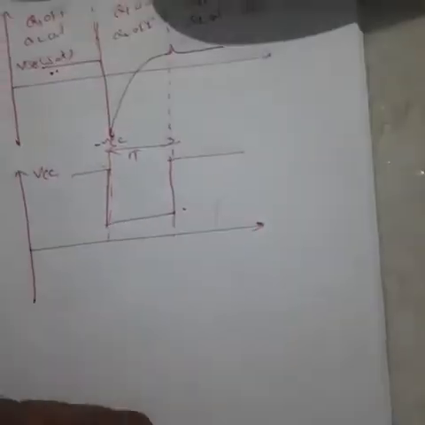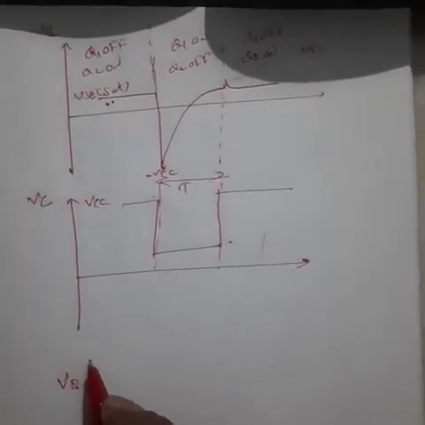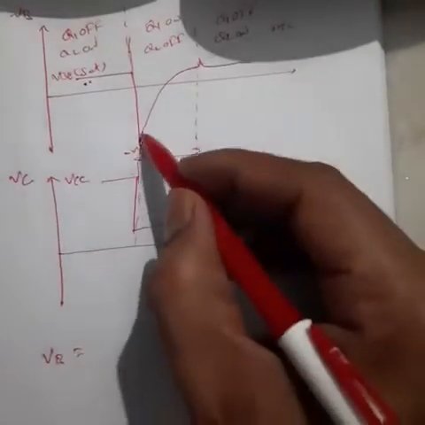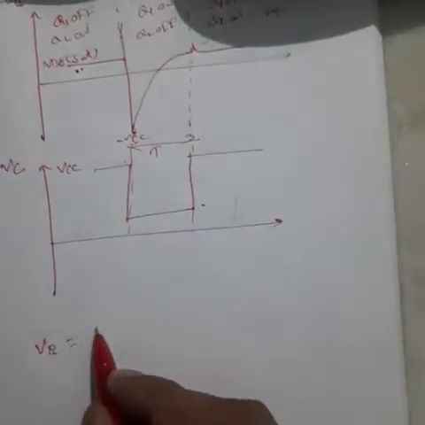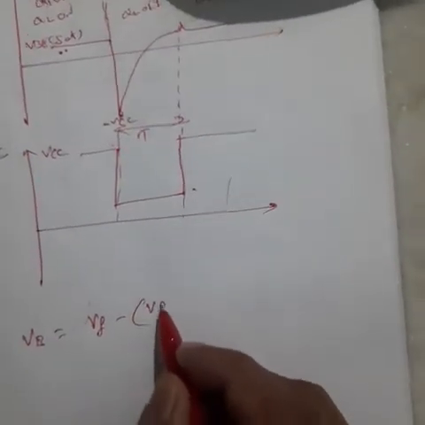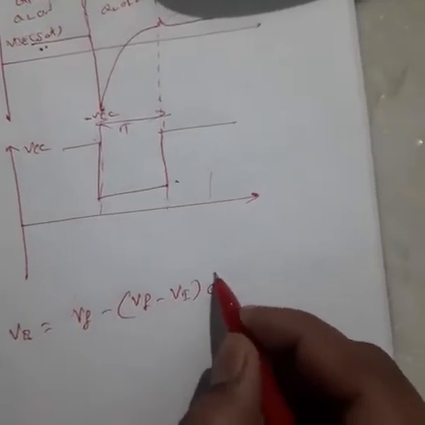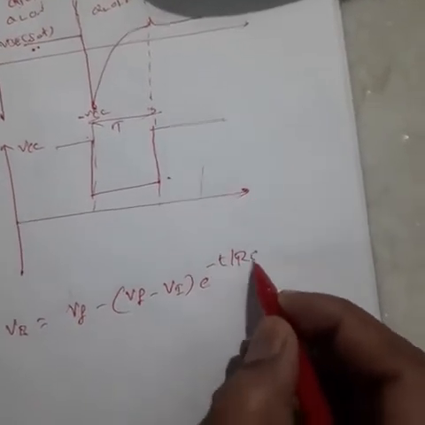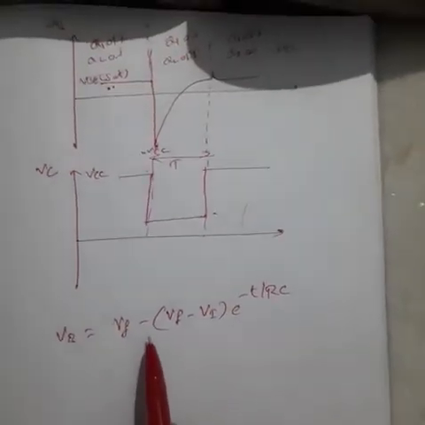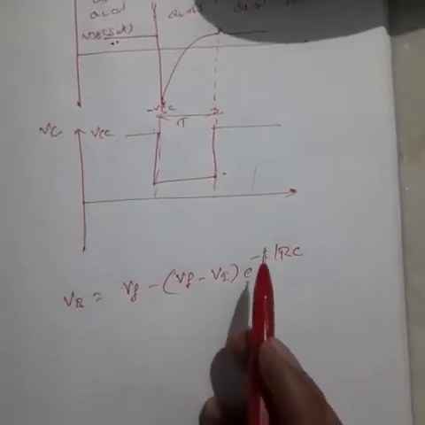So then find the voltage VB, equal to the input voltage of transistor Q2. This is an exponential signal. For an exponential signal, the standard formula is V final minus V initial into e power minus t by RC.